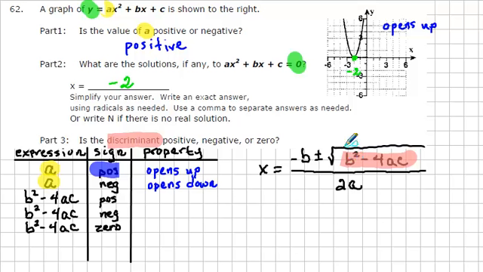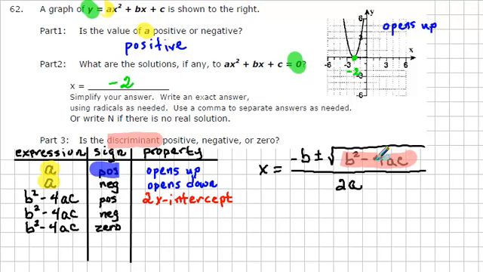The result would be two different real solutions. So if b squared minus 4ac is positive, then there would be two real solutions, and those two real solutions would correspond with two x-intercepts. So the parabola would have two x-intercepts.